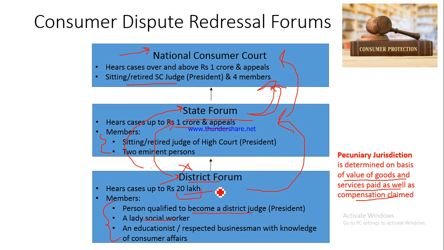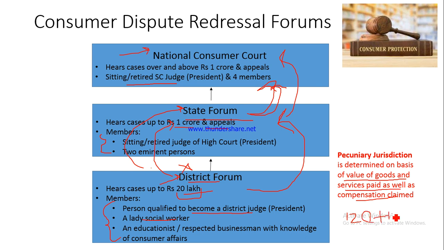Supposing you have bought a car, and let's say you're not happy and you want to lodge a complaint against the seller, and the price of the car was 12 lakhs. So naturally you should be going to the district forum. But this is just the value of the good. Suppose you believe that you should be awarded a compensation of, let's say, 10 lakhs.